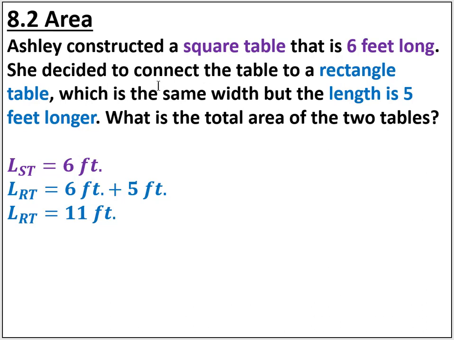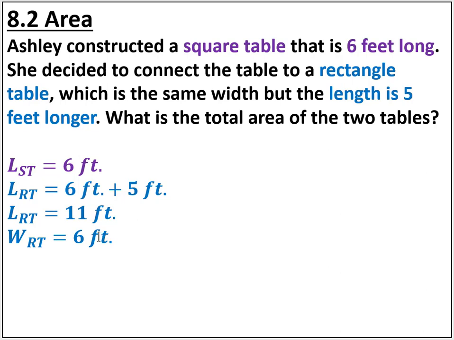So I repeat, when it says the same width, that means the width of the rectangle table is the same measurement as the length of the square table. So the width of the rectangle table, which here I label W sub RT, is 6 feet.